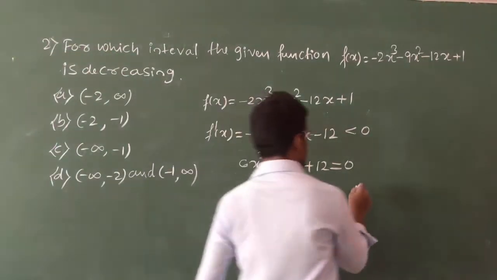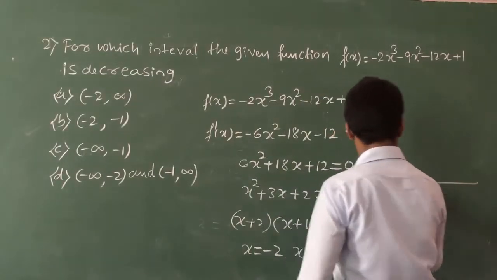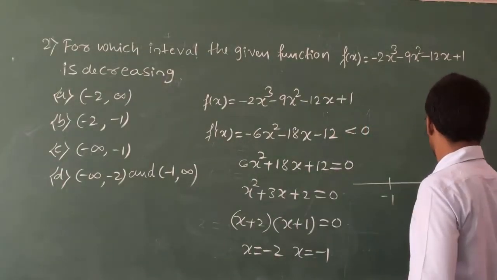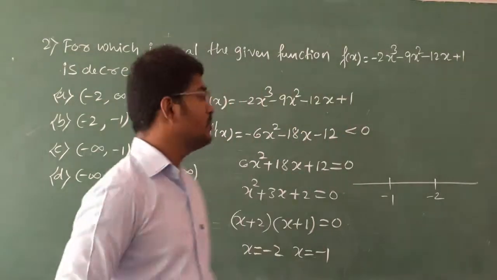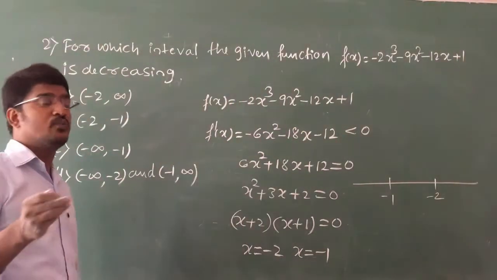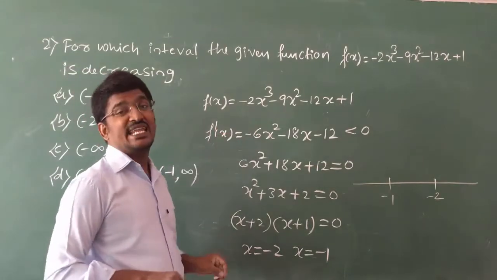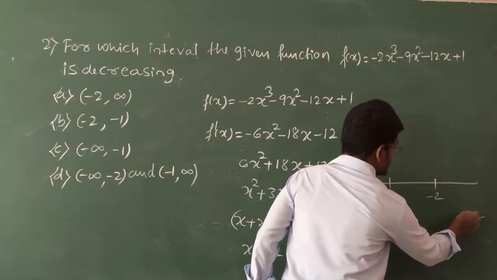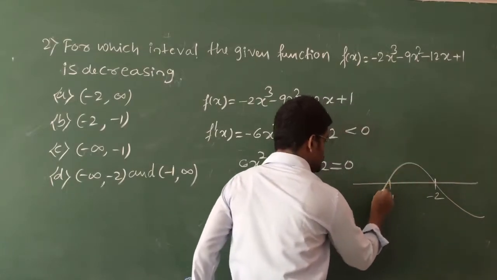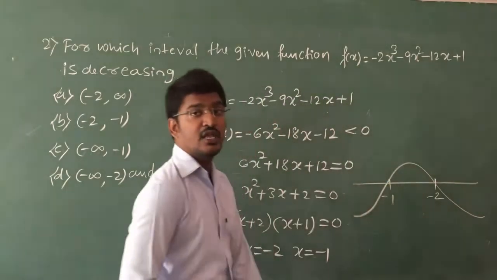So now let us draw it on a number line with the wavy graph method or wavy curve method. See, the function is negative, so that's why we should start from the negative side. We should come back like this. Clear?